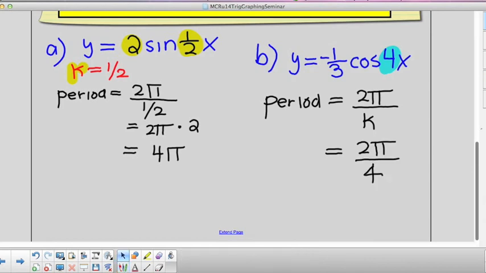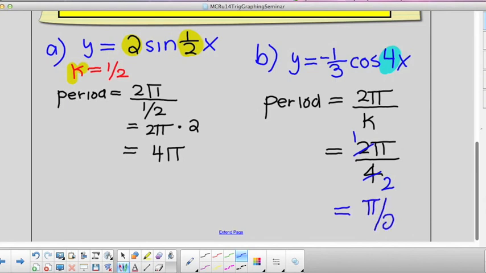We can reduce this. 2 goes into 4 twice. So my period is pi over 2. Pi over 2 is the same as 90 degrees. So instead of having one cycle take place over the course of 360 degrees, it's been all squished, so it all takes place in 90 degrees.